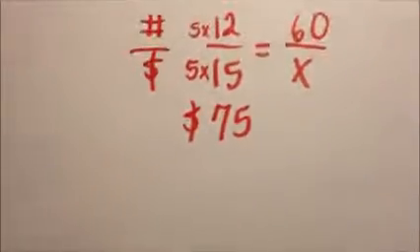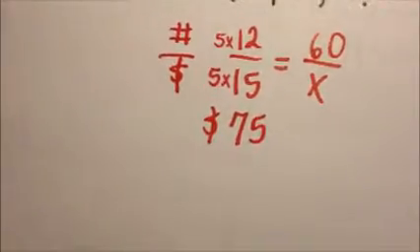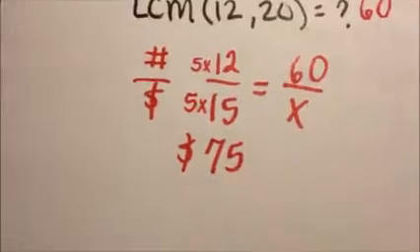Now, I've got $75 here for 60 tickets. 75 divided by 60 is 1.25.